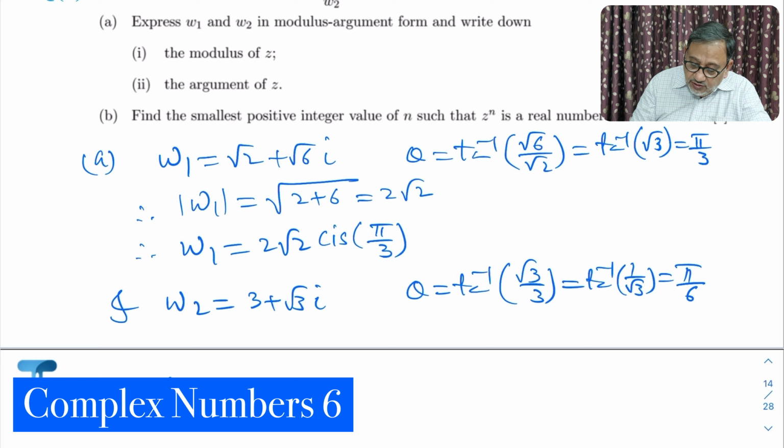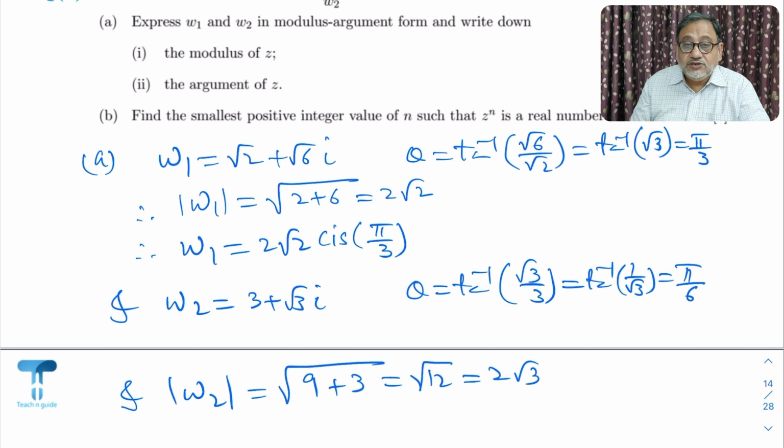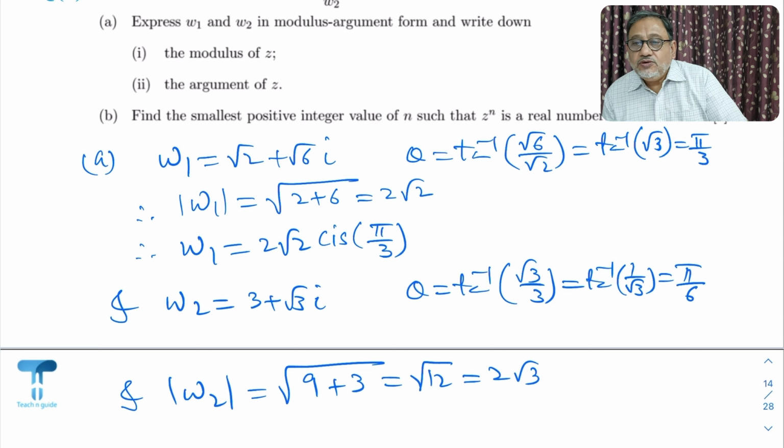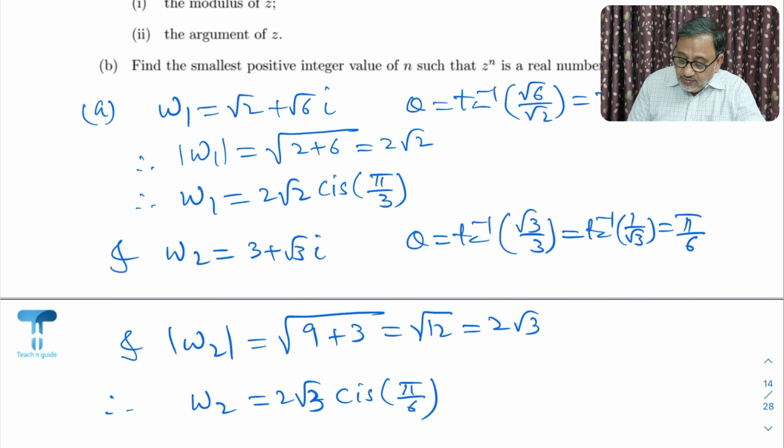And modulus of W2, square root of 3 square 9 and root 3 square 3. So root 12 will be 2 root 3. 4 3s are 12. Okay. So therefore W2 I can write in polar form as 2 root 3 cis pi by 6.